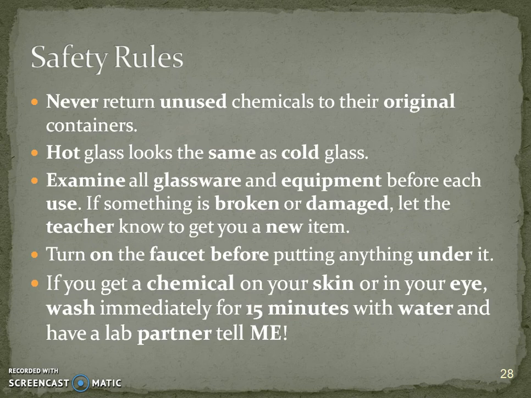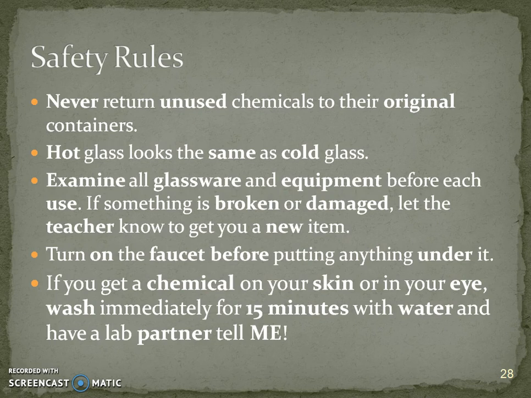Number 1, again, don't return unused chemicals to their original containers because you don't want to do any cross-contamination. Hot glass and cold glass look the same. Again, this third bullet, it is easier for you, 20 to 23, however many there are in the class, to check the equipment before you use it than for me to check every little thing.